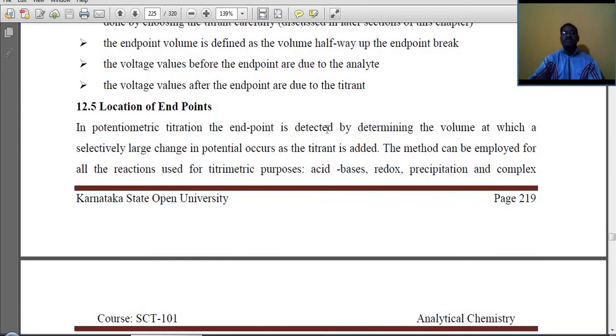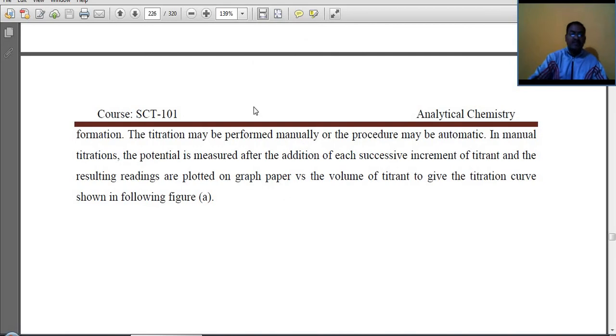What are the locations of endpoints? In potentiometric titration, the endpoint is detected by determining the volume at which a relatively large change in potential occurs as the titrant is added. The method can be employed for all the reactions used for titrimetric purposes: acid-base, redox, precipitation, and complex formation.